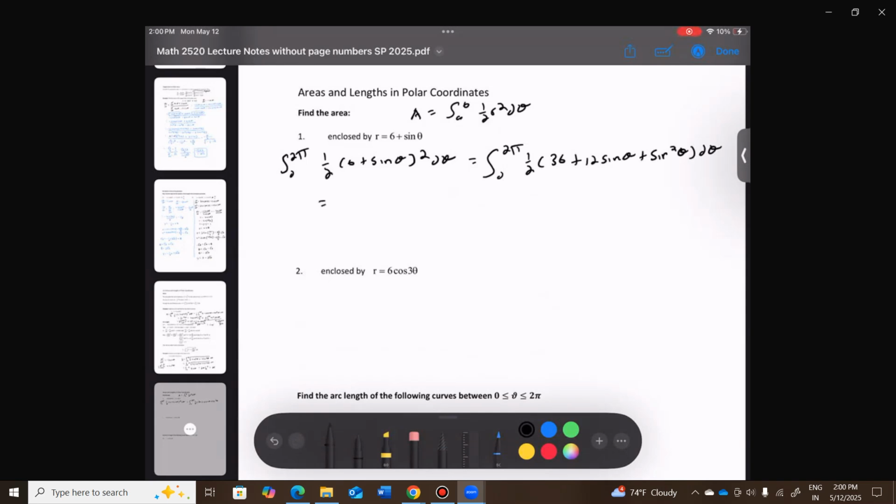Okay, so this will be equal to 1/2 times 36 theta minus 6 cosine theta.